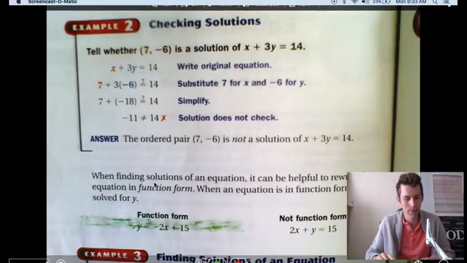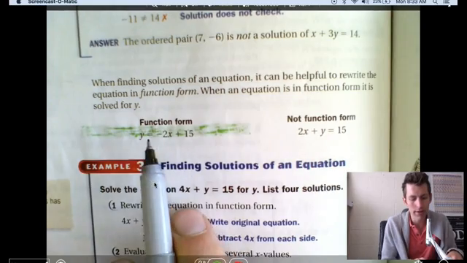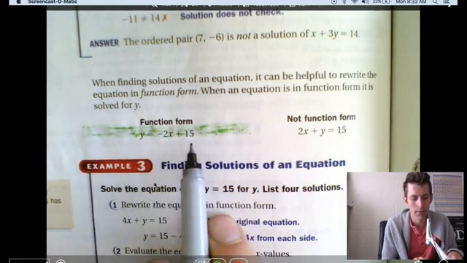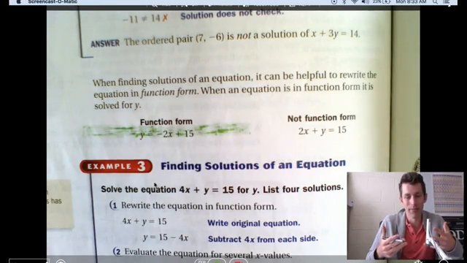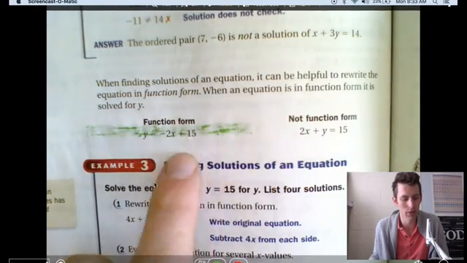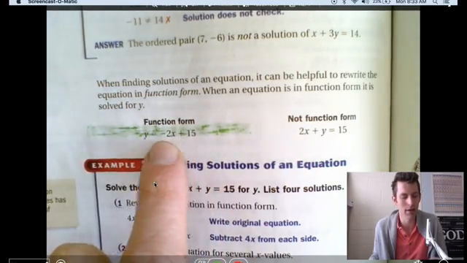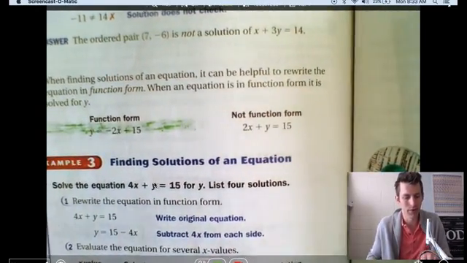So check this out. Sorry, this has a little highlighter that bled through, but this is in function form because it's solved for y. It functions really well because I can now choose values for x, and I can just concentrate on simplifying that side, and then I know what y is. This right here would take more work.